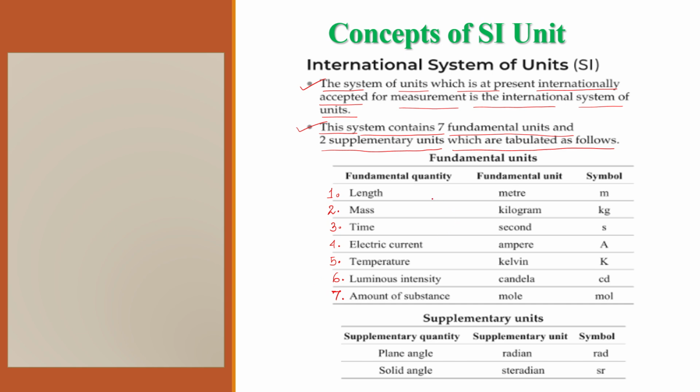Okay, so what is the fundamental unit of length? This is meter. What is the fundamental unit of mass? This is kilogram. Fundamental unit of time in SI system, it is second.